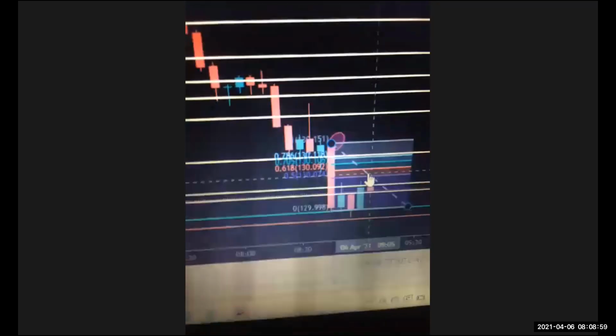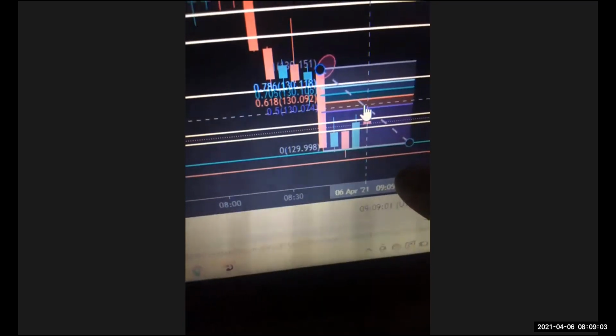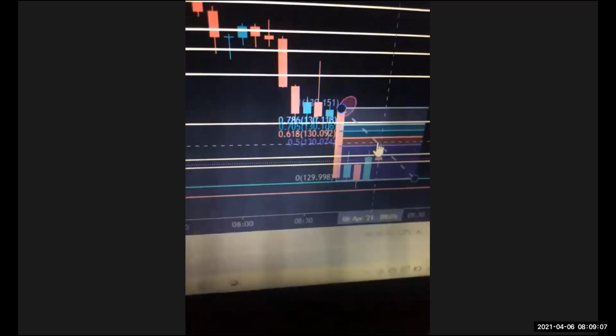He was explaining if it hits a certain zone right here, it will go down, but it's still like an uptrend to me. I was just getting a little confused, and I guess I was overthinking it.